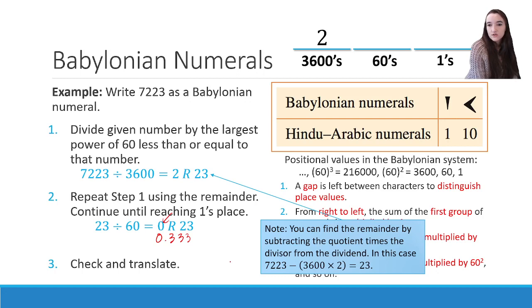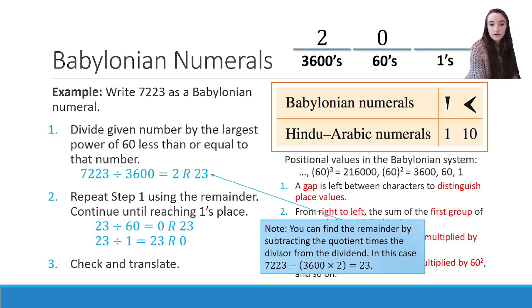The remainder is going to be the entire number because 60 is greater than 23. But we can get that by going, well, what is 23 minus 0 times 60? 0 times 60 is 0, so 23 minus 0, we get our remainder of 23. Okay, so I place a 0 in the 60s place, and then I move on to the next one.